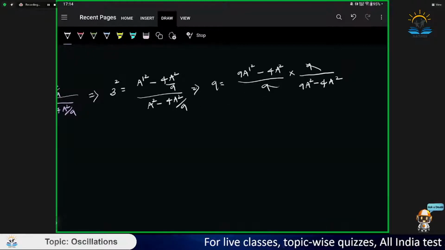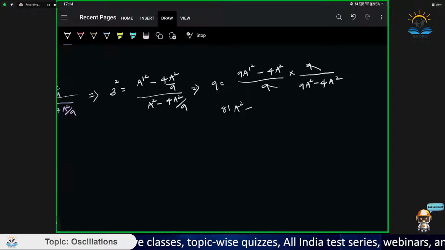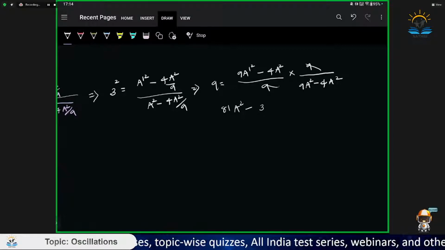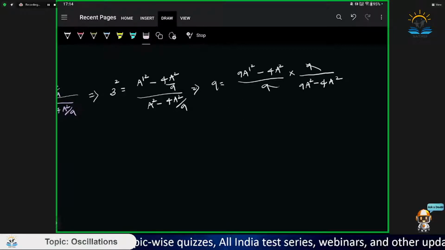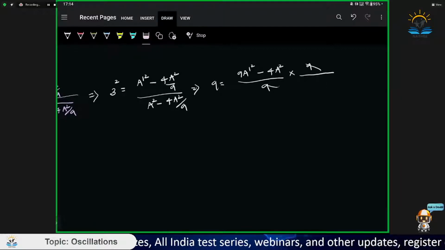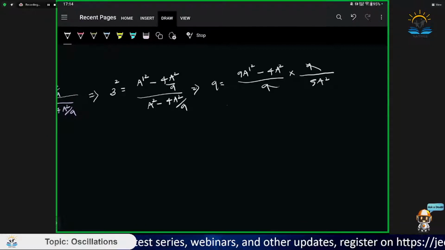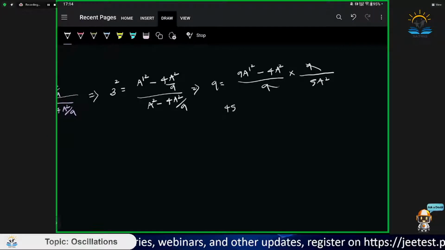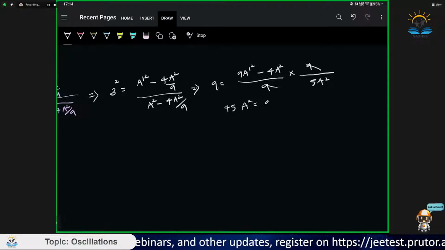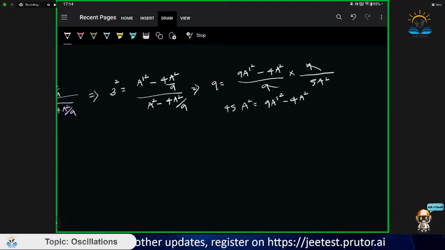The denominator 9a square minus 4a square, how can I write it? 5a square, right? So this will be 5a square. 9 into 5, 45a square equals 9a dash square minus 4a square.